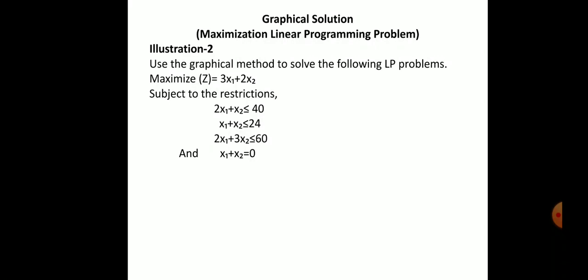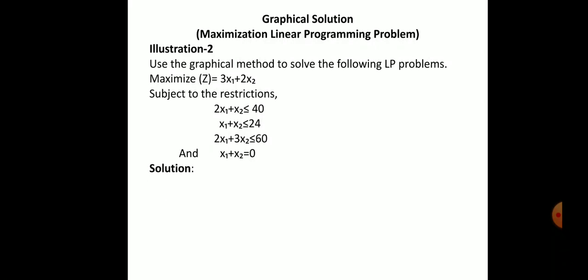These are the 3 conditions they have given, and x1, x2 greater than or equal to 0. It's the non-negativity condition: the values of x1 and x2 we find should be equal to 0 or more than 0. That is the concept of non-negativity. Next we have to find the solution.